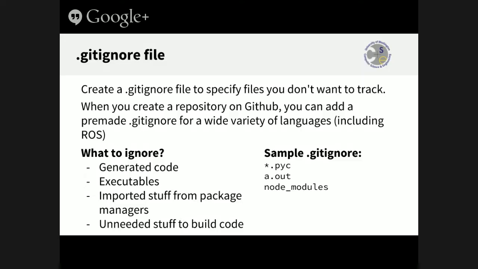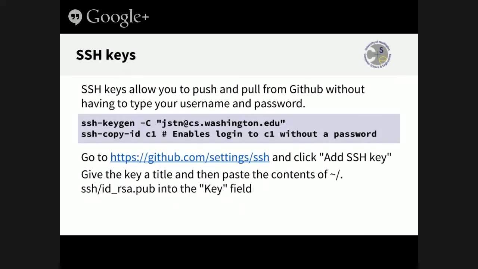For example, it's not even really possible in ROS, but you wouldn't want to include the generated ROS messages, because every time you change the message, then, anyways. So: no generated code, no other generated stuff, no package manager copies generally, and no executables, because executables can be generated by your code.